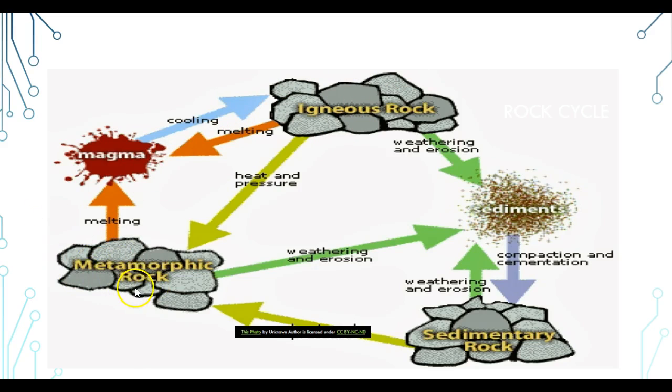When you get to metamorphic, remember that you have foliated and non-foliated. Your foliated has the striations, or it looks like layers that you can see clearly, and it makes it look like sedimentary rock. Note that all the rock cycle is powered by Earth's interior, so not just the core, but core and the mantle as well.